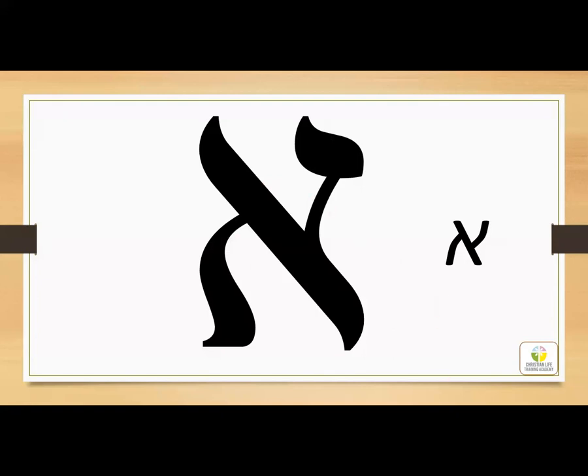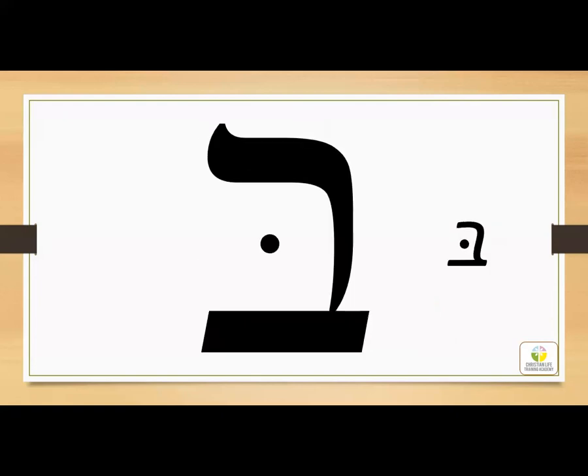Aleph. Okay. I want you to say it for me, please. Aleph, Bet, Vet. Vet. Yeah, I take my dog to the vet. This is a vet. Okay.